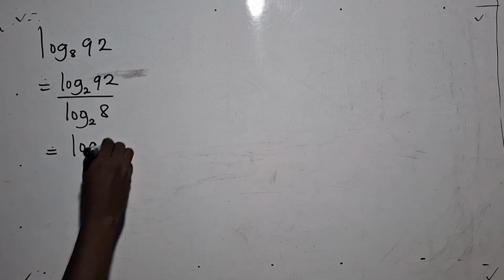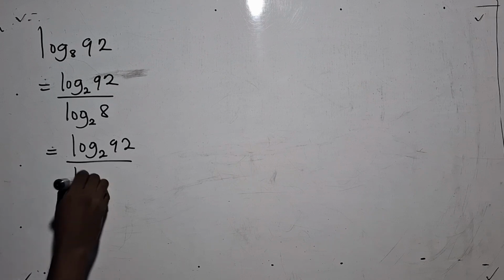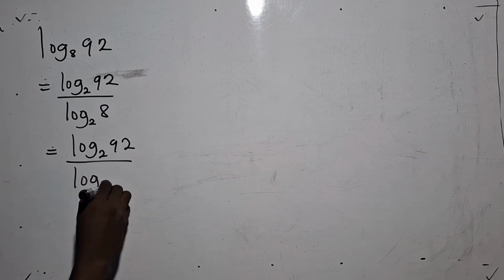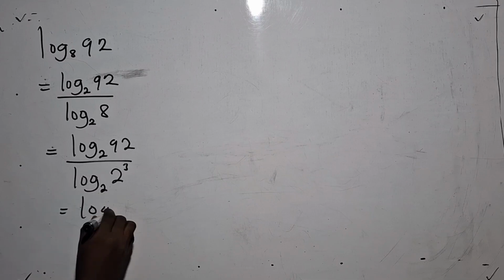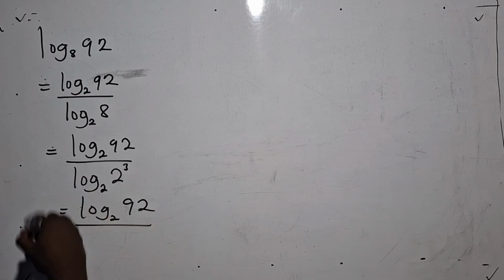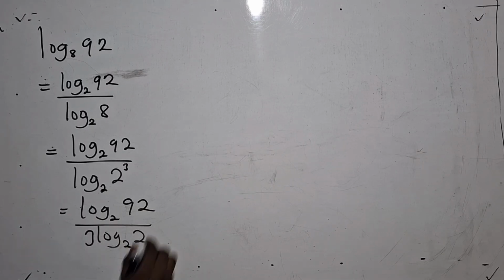So I have log base 2 of 92. But the down one I can express as power of 2. So that one will give me log base 2 raised to the power 3. So this one will give me still log base 2 of 92. Then this one 3 log base 2.